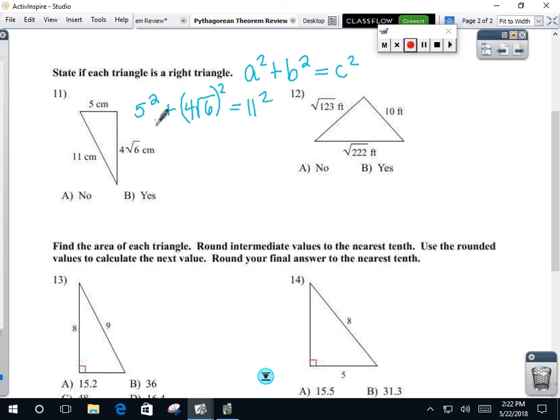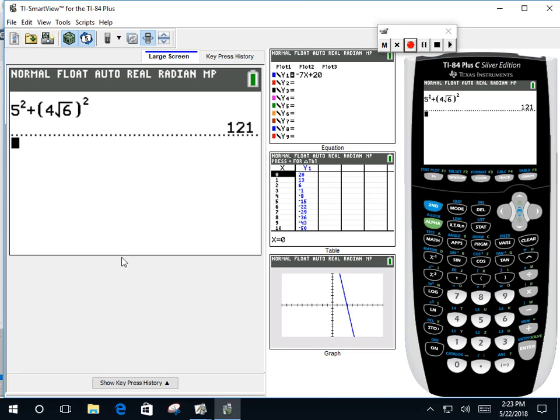Now, everybody pick up your calculator and type in the left side. What does the right side equal? Right, so now everybody type in the left side and see what it is. What does this side become? You typed something wrong. 121. Okay, let me show you how it should look typed in. 5 squared. Okay.